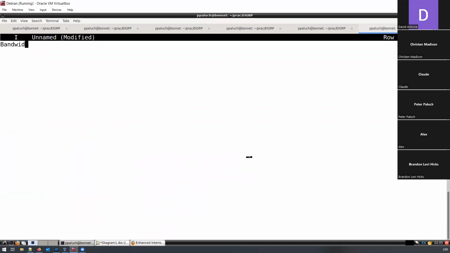So one of the parameters is bandwidth, and we take the minimum bandwidth along the possible path to a destination. Now, EIGRP doesn't really know how the whole network looks like, so it doesn't know link by link by link what is their bandwidth when I'm standing somewhere in the network.